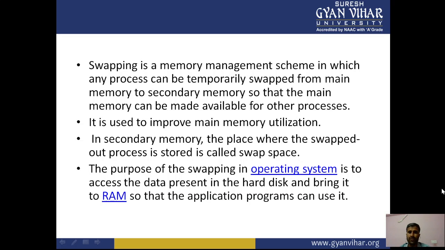It is used to improve main memory utilization as well as secondary memory. The place where the swapped out process is stored is called swap space, right? The purpose of swapping in the operating system is to access the data present in the hard disk and bring it to RAM, so that the application program can use it, right? So it is very easy.